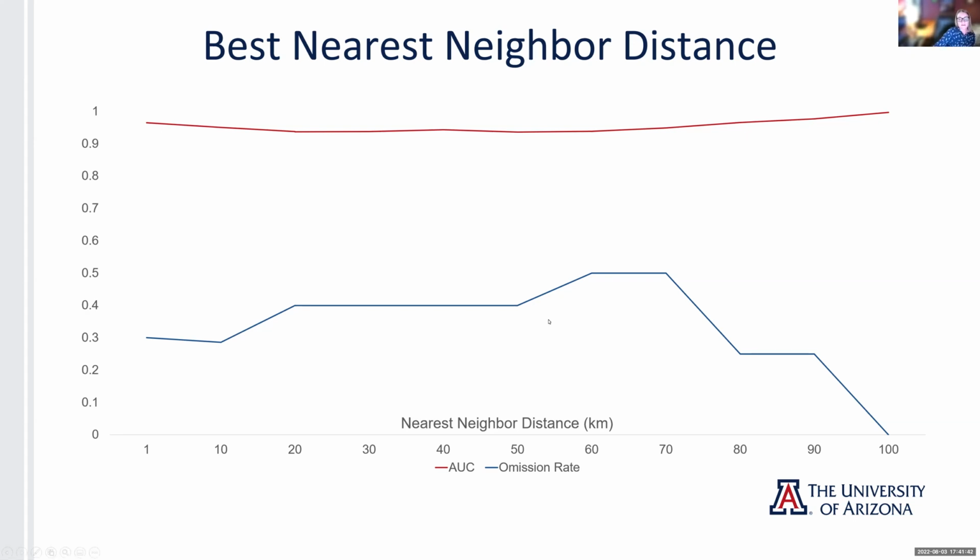Models with AUCs closest to 1 and omission rates closest to 0 are most favorable as a general rule. Here we can see the NND of 100 had the best AUC and omission rate.